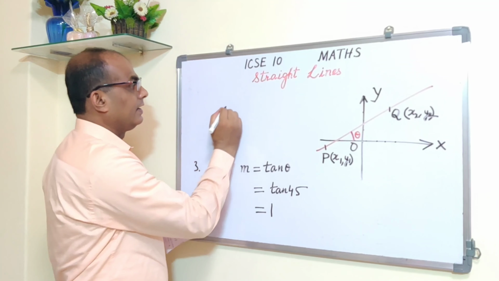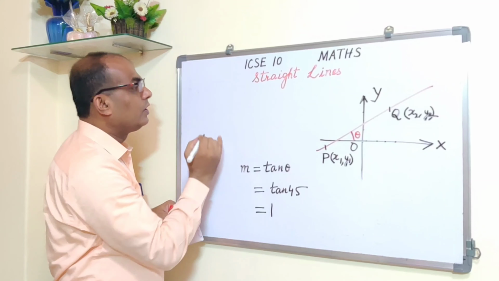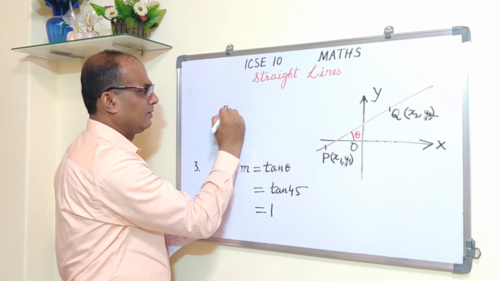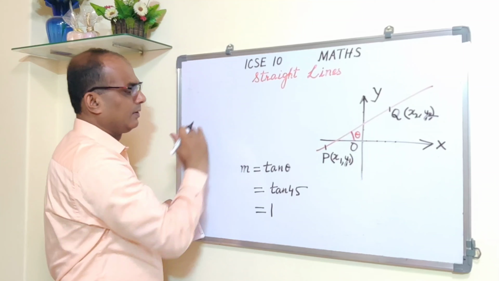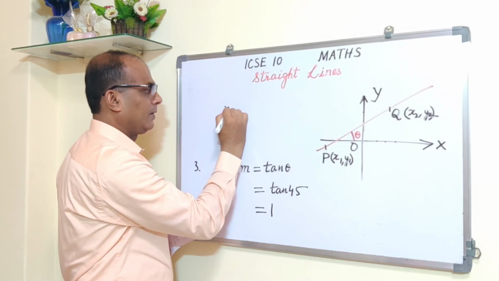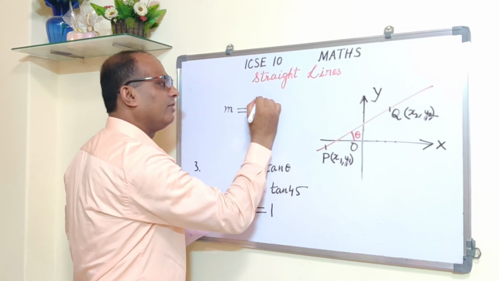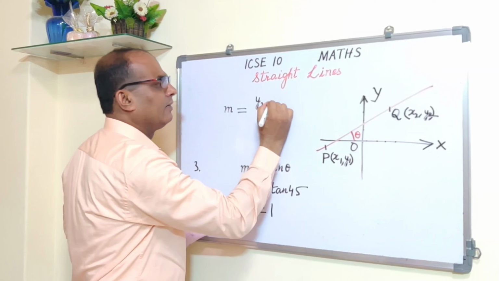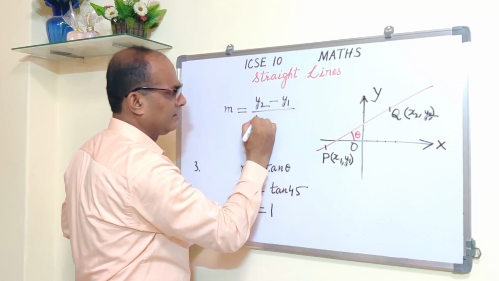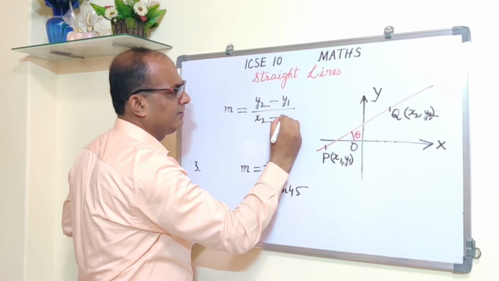The next situation is, m is equal to y2 minus y1 upon x2 minus x1.